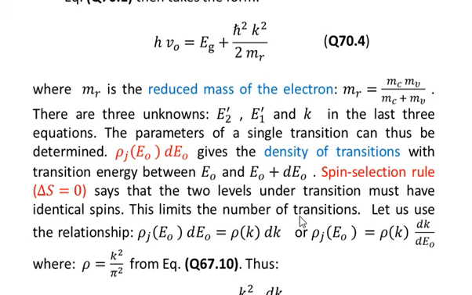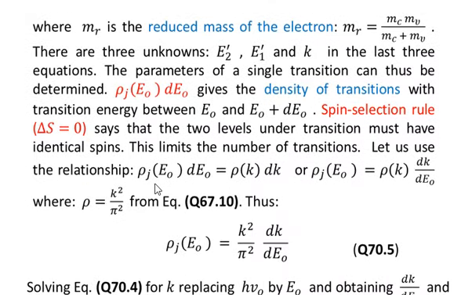And we have to find out those transitions which are limited so that we can find out the actual number of transitions. Let us use the relationship rho j of E naught into dE naught is equal to rho of k into dk, because both statements are equal. You know that energy is given by h nu, and nu can be represented in terms of 1 over lambda, and when we have 1 over lambda we can introduce the wave number k.